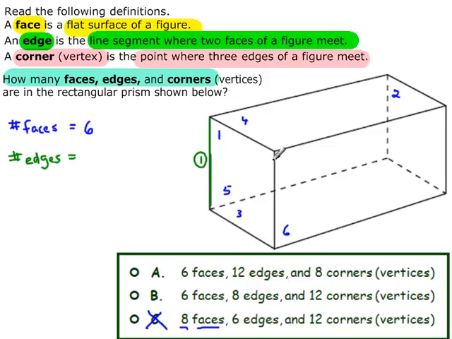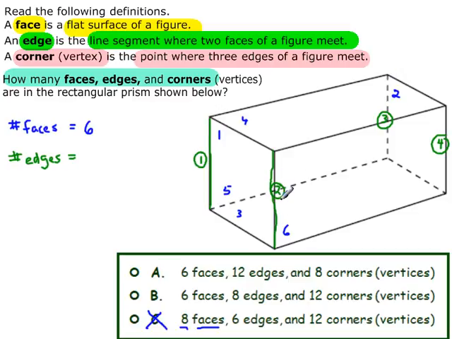So that's 1, and then that's the second edge. This is the third edge coming down here. The fourth edge coming down here. So let's see, does that take care of all of the vertical edges? I think you'll agree that it does.